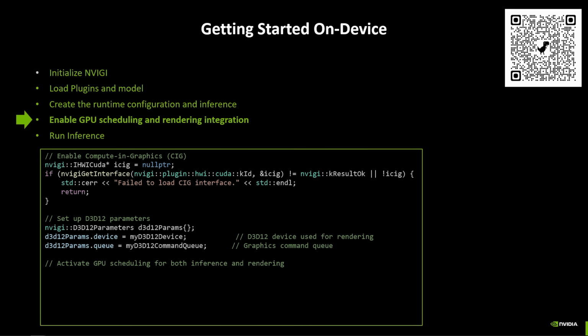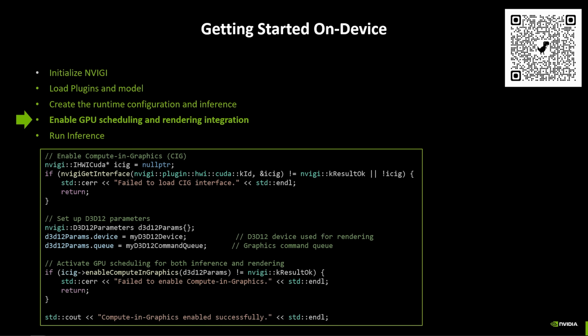So we want to do simultaneous AI workload and rendering. I want to enable SIG. To do that, we just get the interface for IGI, and we call this simple function, enable compute and graphics, and I pass in my D3D12 parameters. I just check to see that there's no error response. We're good to go, and I just print out to the standard output that compute and graphics enabled successfully. This is for logging.